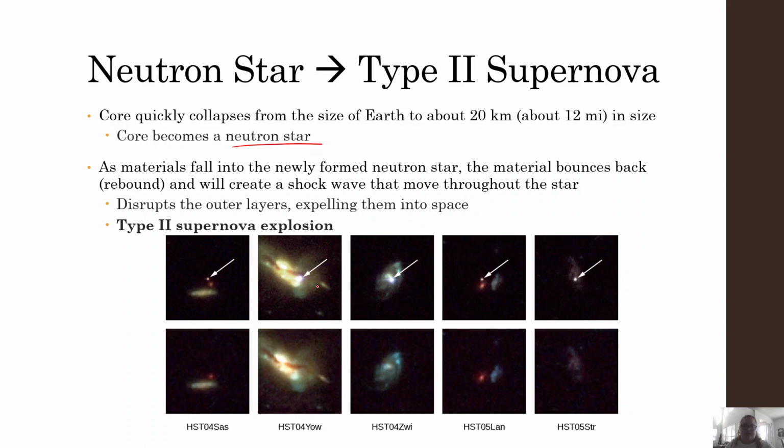We've got the neutron star and then it collapses and expels this material into space. And this is called a type 2 supernova explosion or a type 2 supernova when this happens.